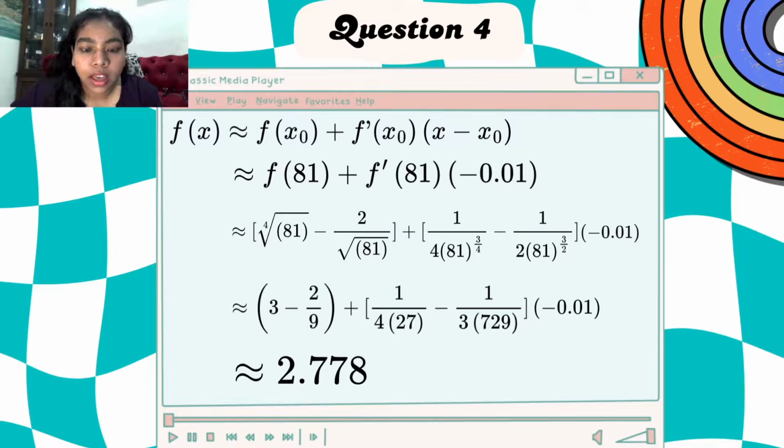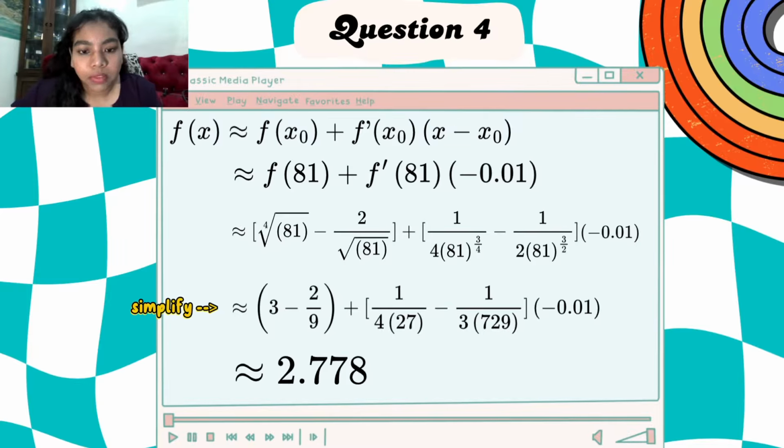And then for the f prime 81, we just have to put in the second step of the differentiation, which is 1 over 4 times 81 exponent 3 over 4 minus 1 over 2 multiplied by 81 exponent 3 over 2. And then you have to multiply by the delta x, which is negative 0.01.